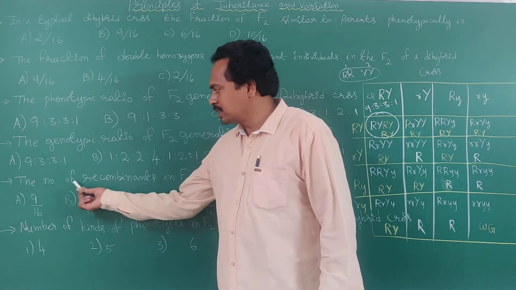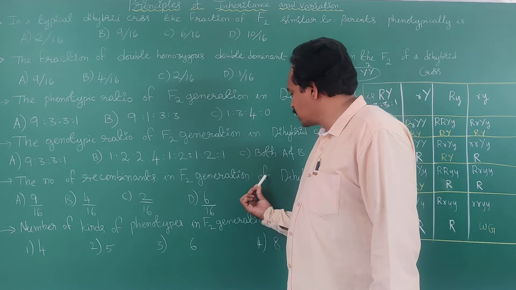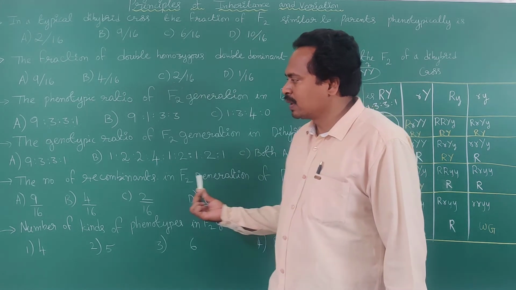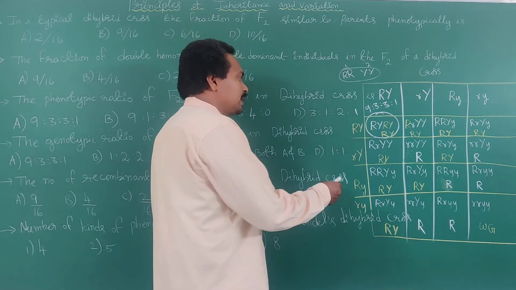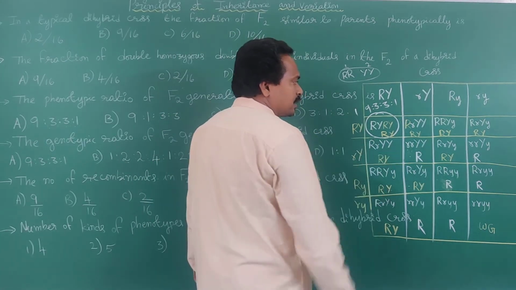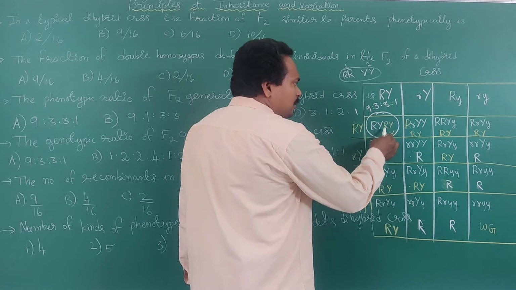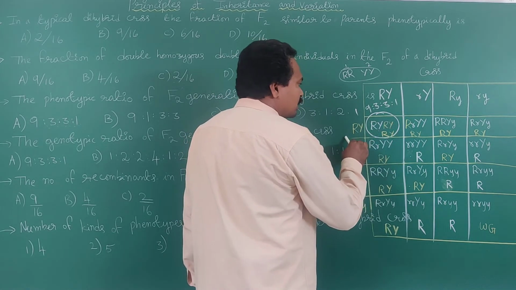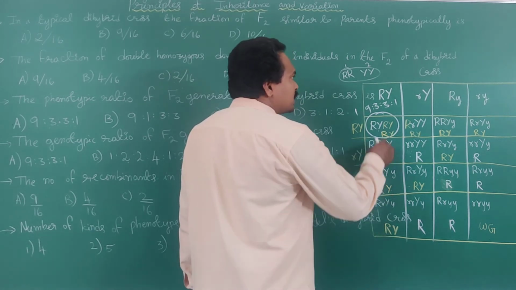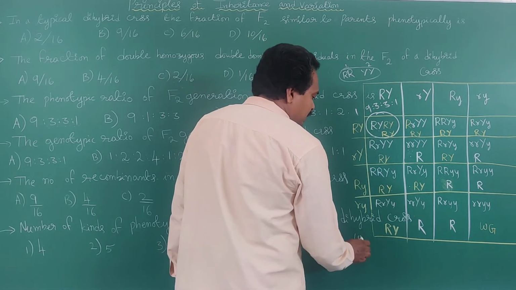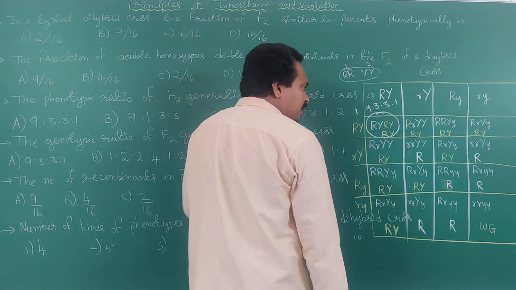Okay, next question is the number of recombinants in a F2 generation of dihybrid cross. Among these 16 progeny, how many of the progenies exhibit the new characters? 9 plus 1 exhibit the parental characters. Remaining how many progeny are there? 6 are the recombinants.